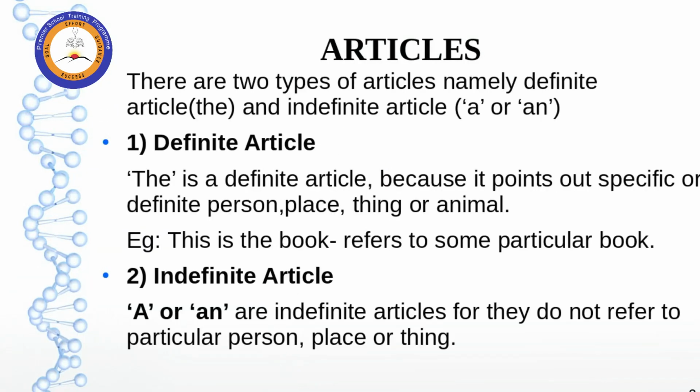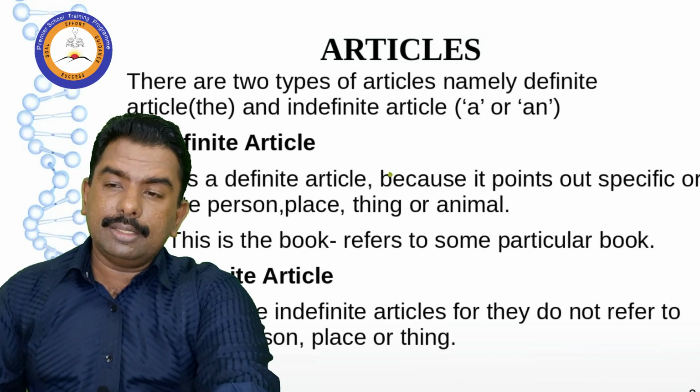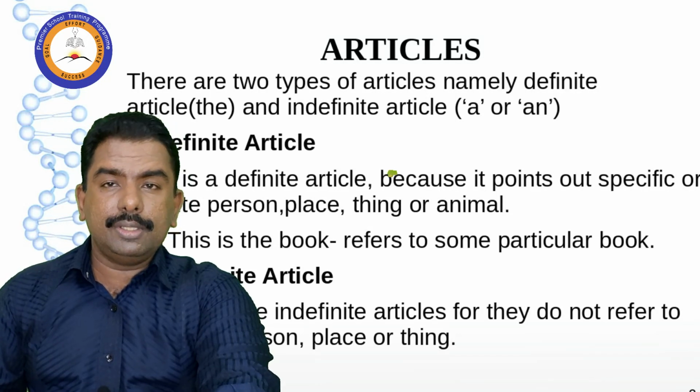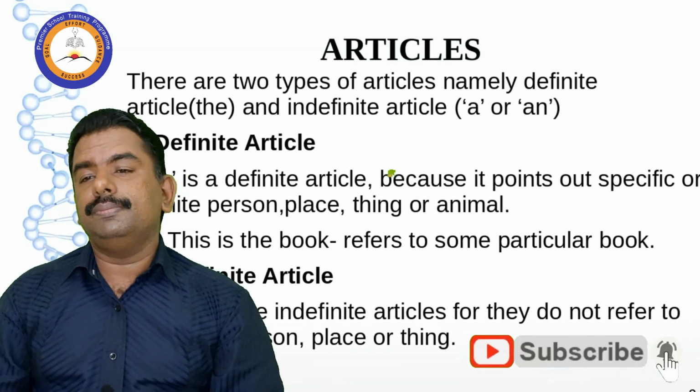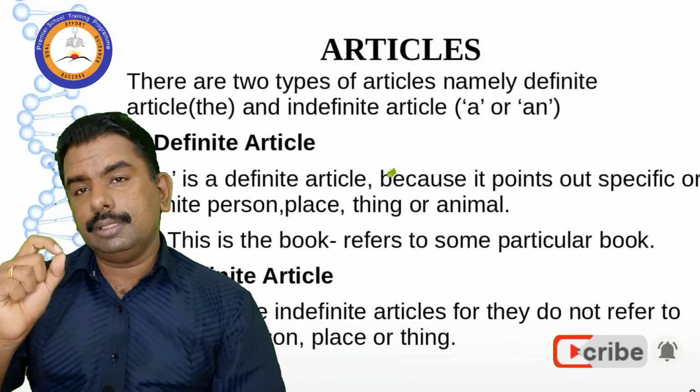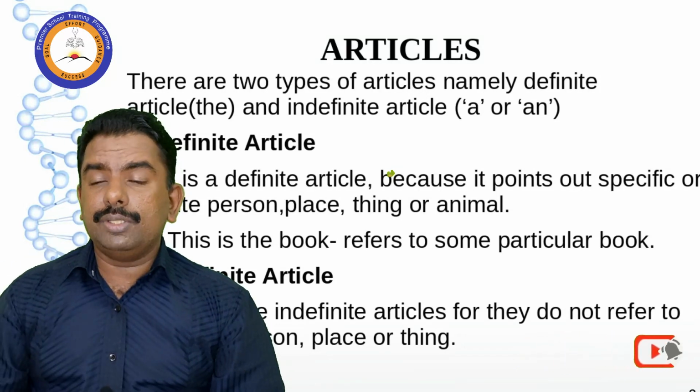Articles. There are two types of articles, namely definite article and indefinite article. Definite article means 'the', and indefinite article is 'a' or 'an'. What is a definite article?